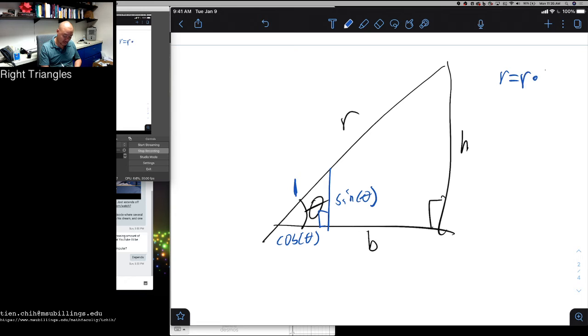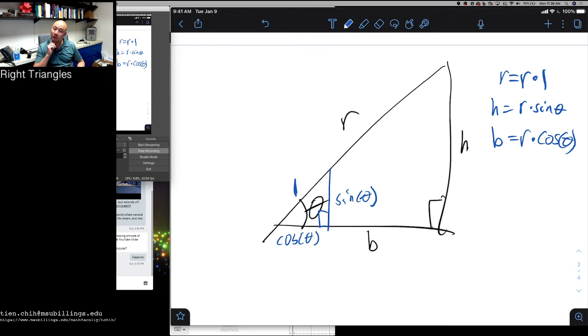R is r times 1, big surprise. But now h has to be r times sine theta, and the base is equal to r times cosine theta.